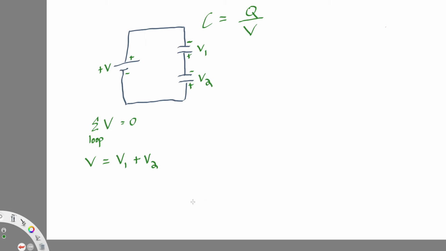If we replace the voltage with something in terms of capacitance, using our definition of capacitance, we can play the same game that we did using resistances on the last page.